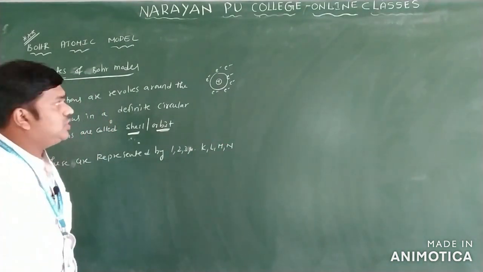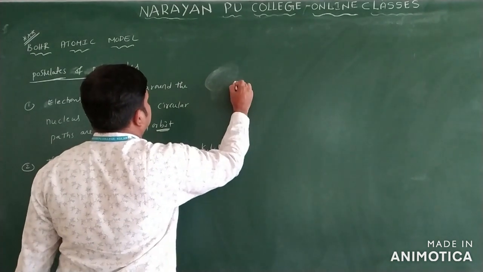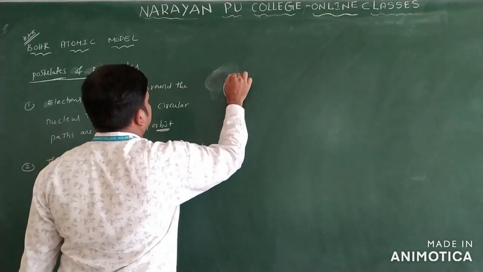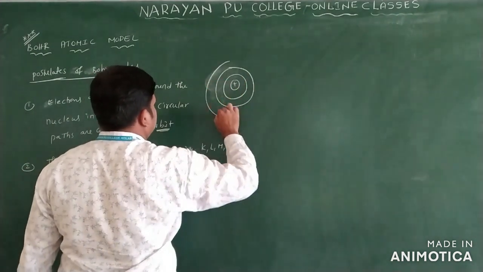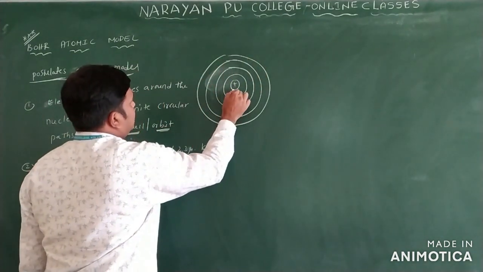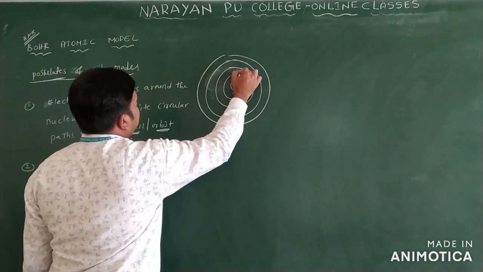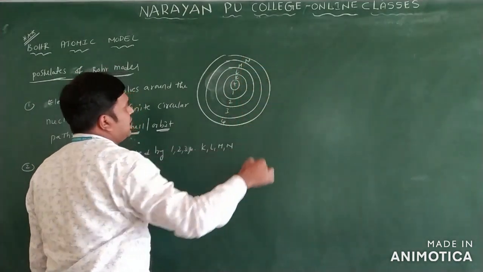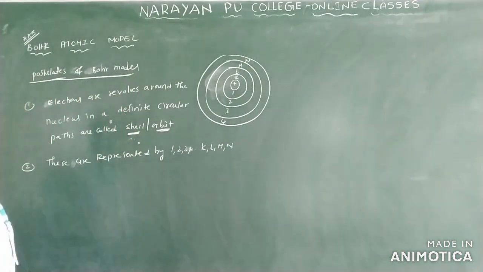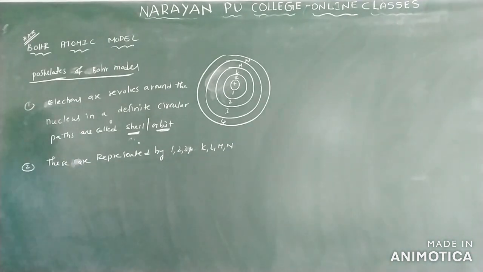These are the electrons, so I will take this path here. This is the center part. First shell, next shell and the next shell, like these shells are there. So I will write here 1, 2, 3, 4, or you can write K, L, M, N and so on only. Clear? So this is the second point. These are represented by 1, 2, 3, 4 or K, L, M, N respectively.